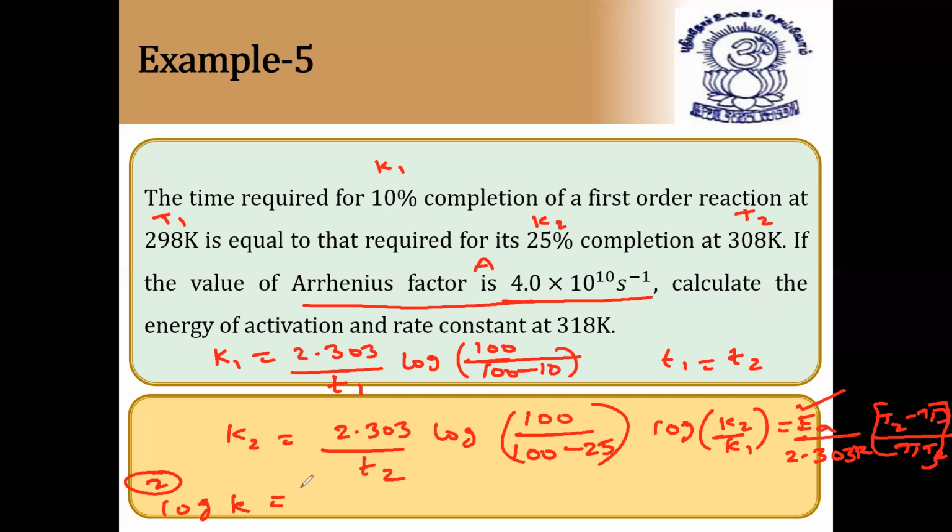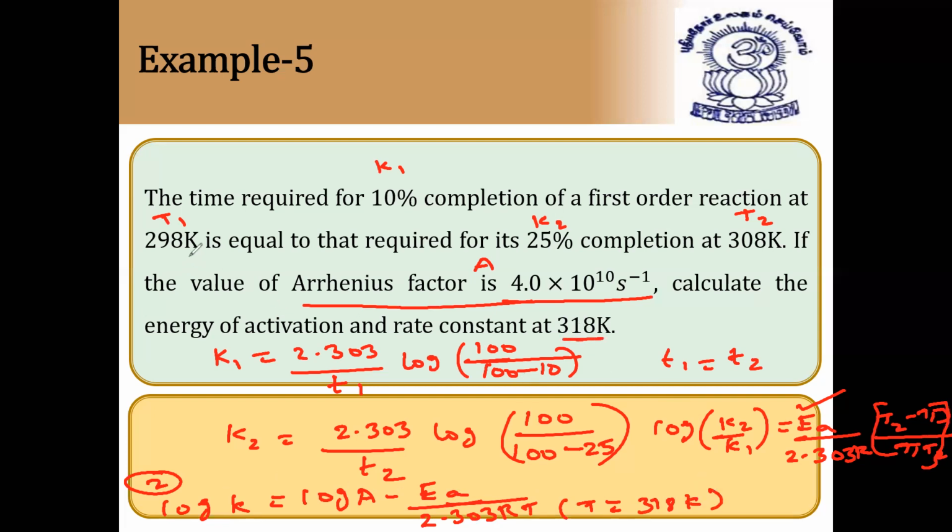So after getting the energy of activation, log K is equal to log A, that is the Arrhenius factor, minus energy of activation by 2.303 RT. In this case, T is equal to 318 kelvins because they are asking for the rate constant at 318 kelvins.